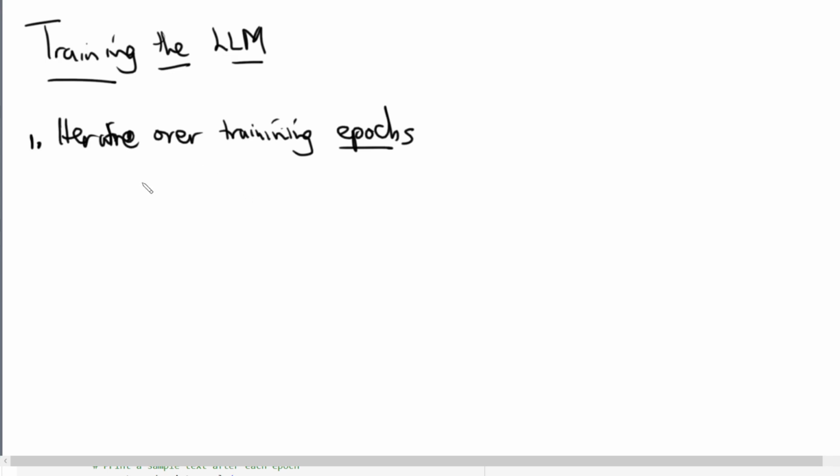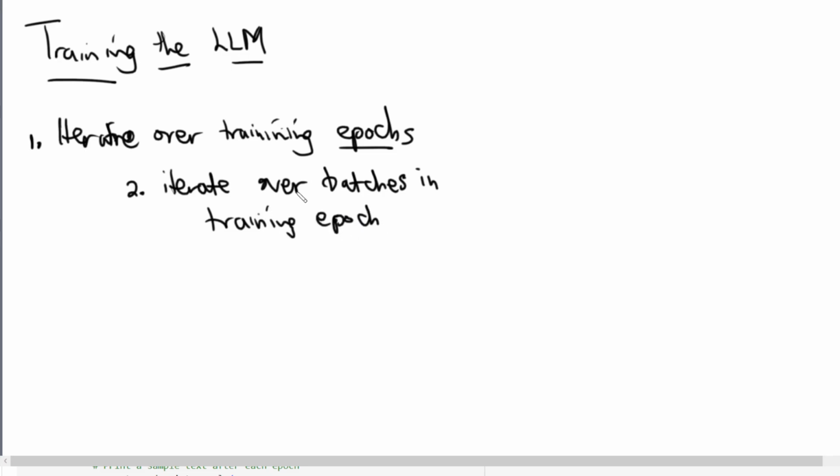But what happens in each epoch? In each epoch, we are going to iterate over batches in the training set. So if we have 10 batches, we're going to iterate over 10 batches for, let's say, 20 epochs, right? The number of batches is determined by the size of your training set.